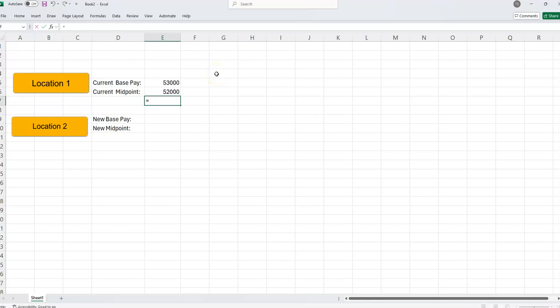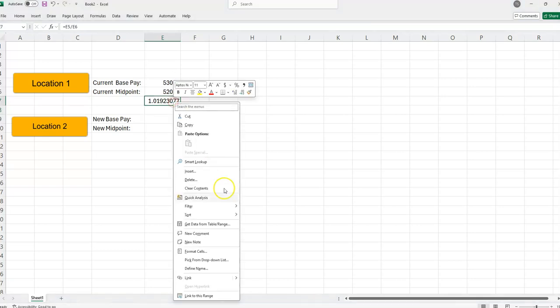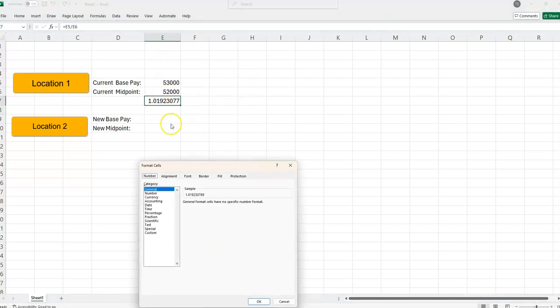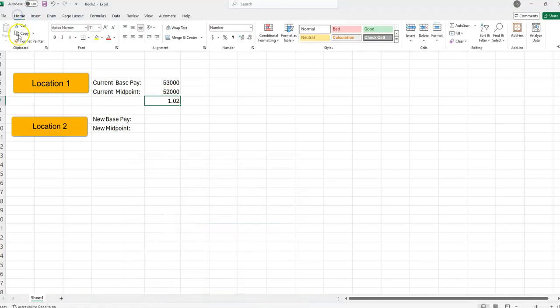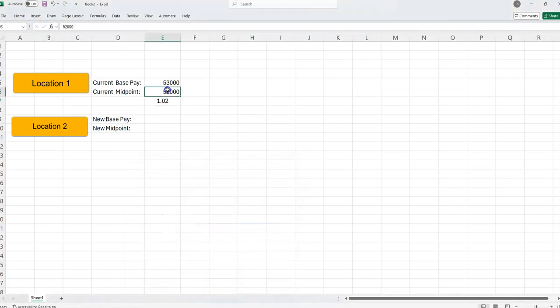So to calculate that compa-ratio, it's just going to be the current employee's base pay divided by the midpoint. And that's telling us that he's at a 1.02 if we round that. A 1.0 compa-ratio is right at the midpoint, and you'll see he's just slightly above it.